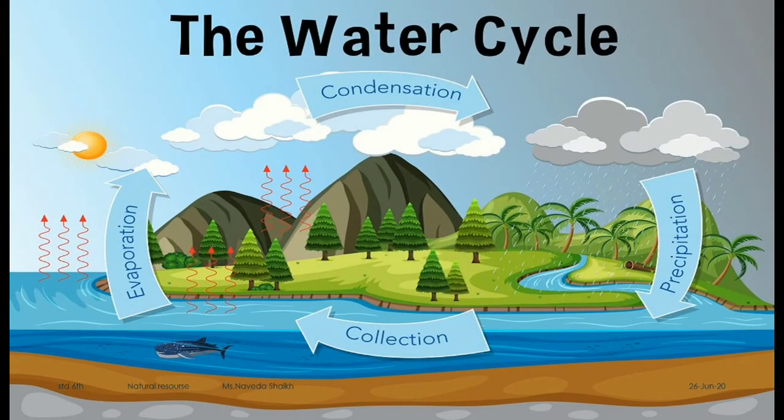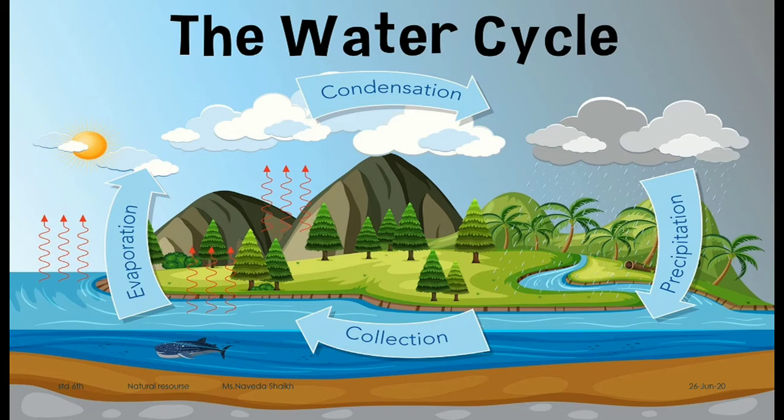So the water cycle is a very interesting process which provides us with fresh water, and it is the only source by which fresh water is supplied to the planet Earth. Here you can see oceans, evaporation taking place, cloud formation, then condensation, and then precipitation.